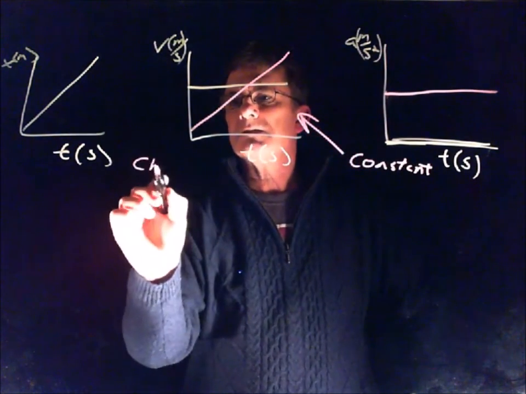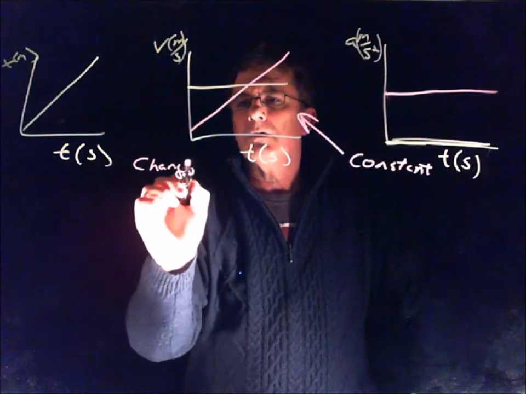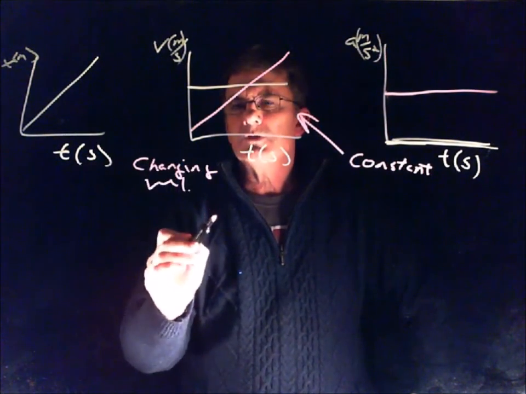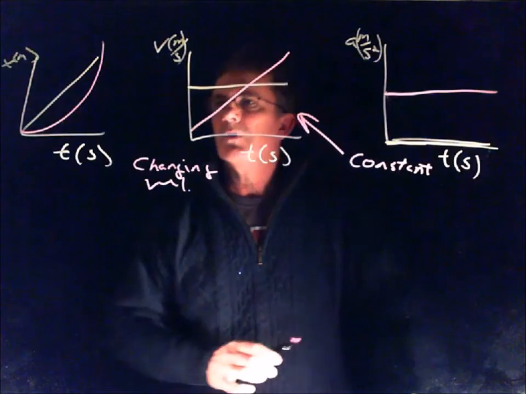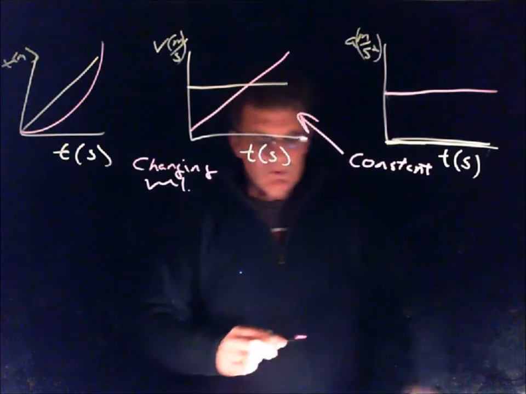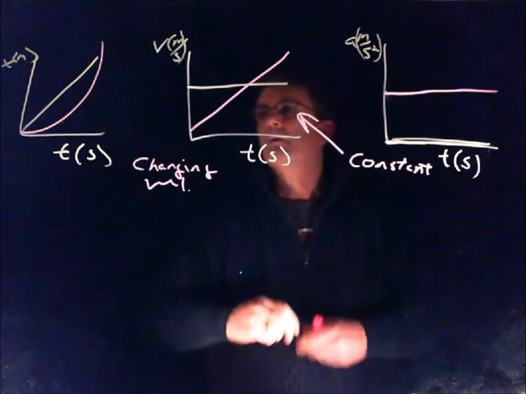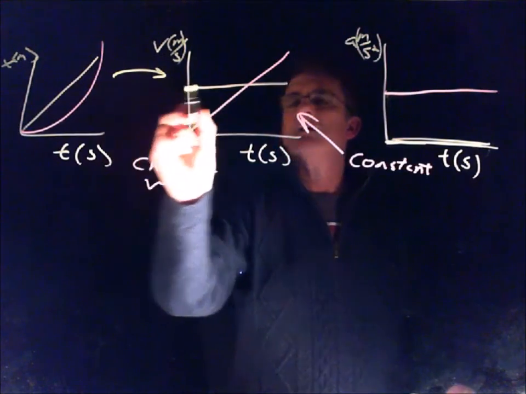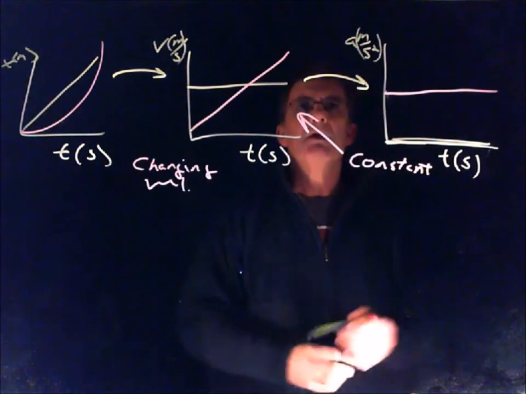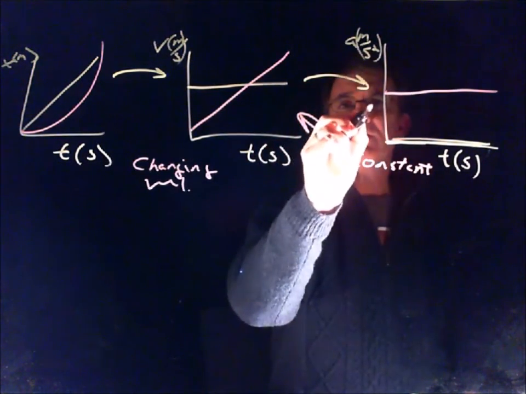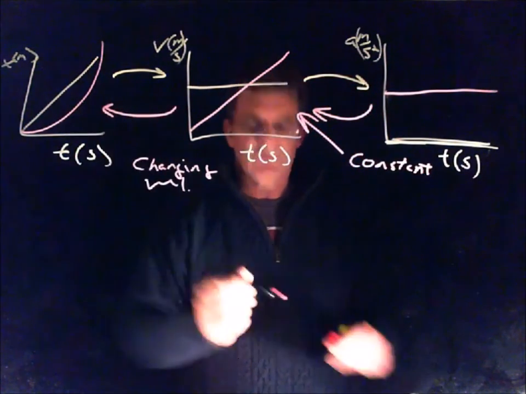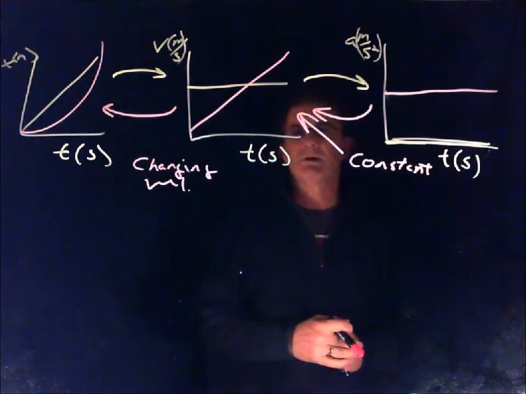But now we're constantly changing velocity, which means we have a changing slope, and our curve's going to be more quadratic, which is actually what it is. It's a quadratic curve. You need to be able to go from position versus time to velocity versus time, from velocity versus time to acceleration versus time, or from acceleration to velocity versus time, and then a position versus time curve.